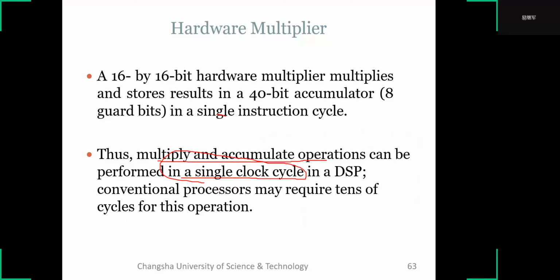As we know, the multiply algorithm in the microcontroller needs four clock cycles but in DSP needs a single clock cycle. A conventional processor may require 10 cycles for this operation, maybe 10, I said 4 is less, maybe you need 10.